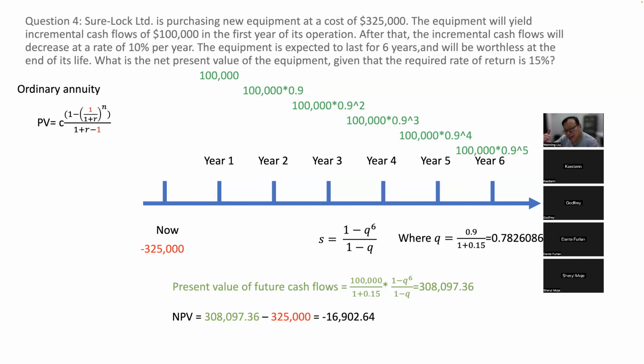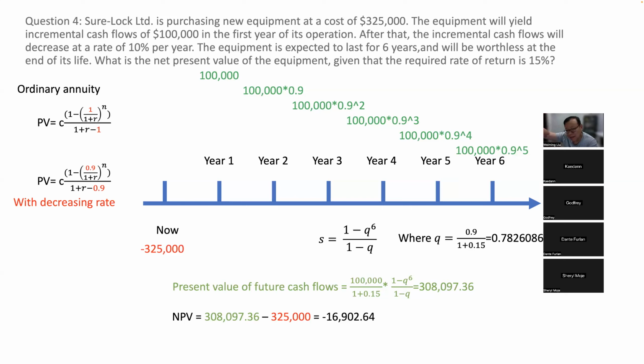It's decreasing, but the model is interesting because it's decreasing at a constant rate, a 10% rate per year. For that, this formula can be modified. How? It used to be 100%, every year the same, so the next year is 100% of the year before.